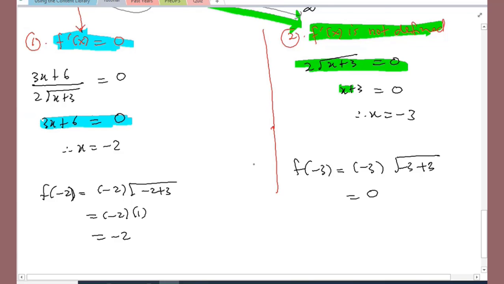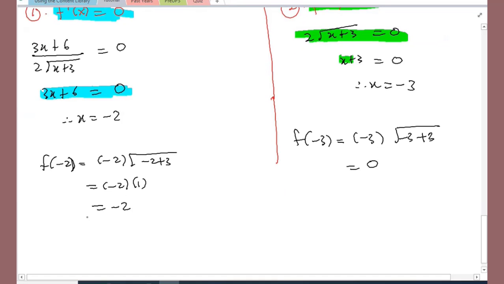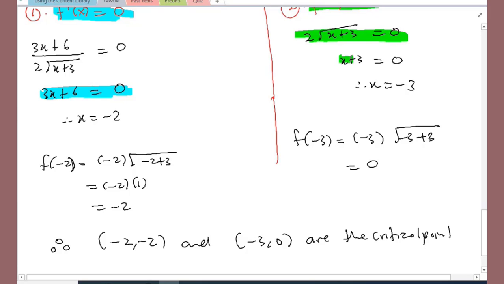So now we can conclude that negative 2, 2 and negative 3, 0 are the critical points. The critical points, x value, y value, as points.